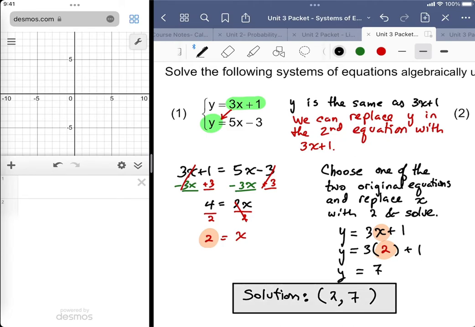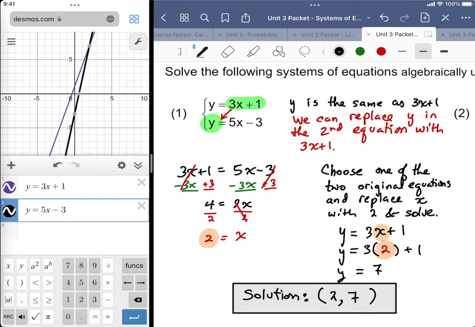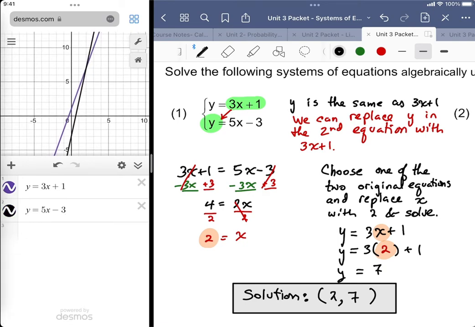Very easy to check. All you have to do is type in your two original equations in Desmos. I have my two original equations.